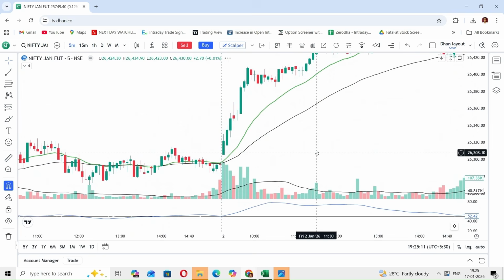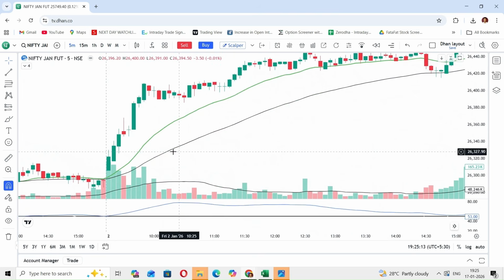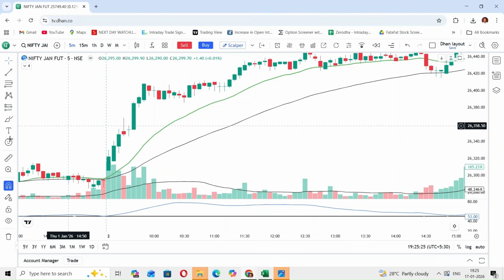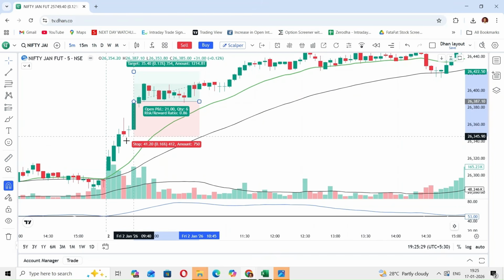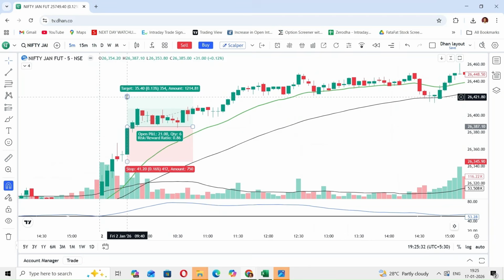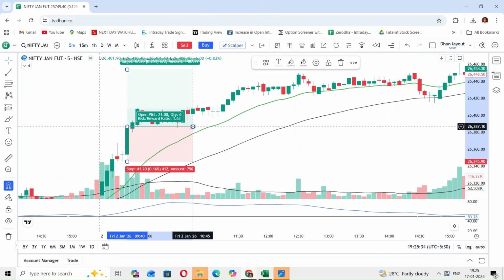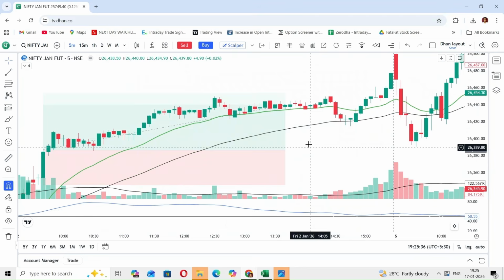Here, a three candle theory setup is formed, right? The green candle has a high volume and the 20 and 50 MA are also trending. So here comes a buy trade. The low of this candle is the stop loss, and your risk reward is 1 to 2.